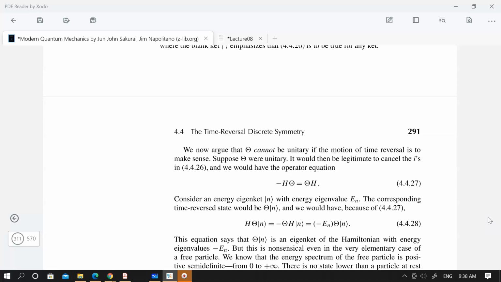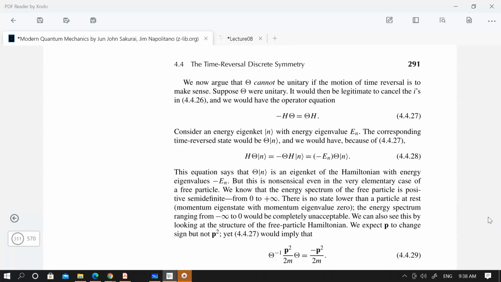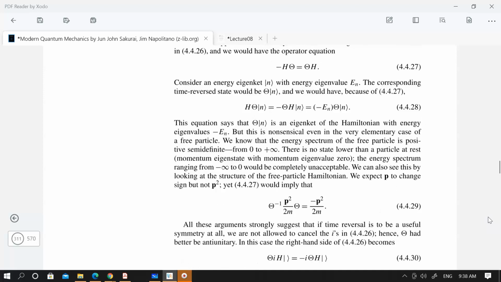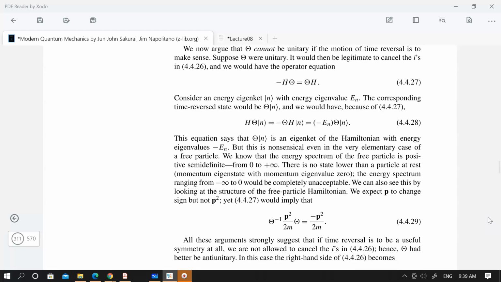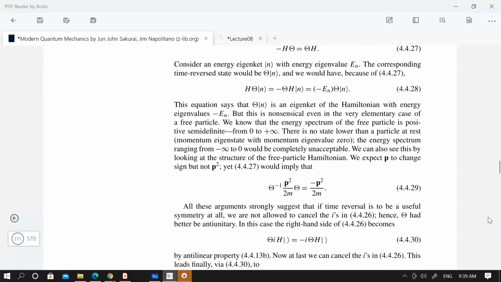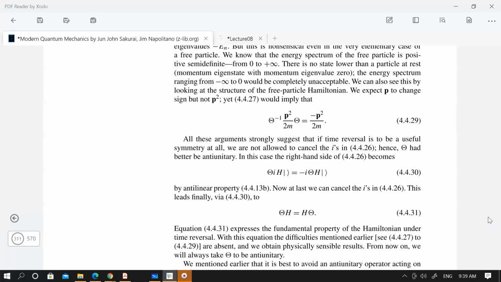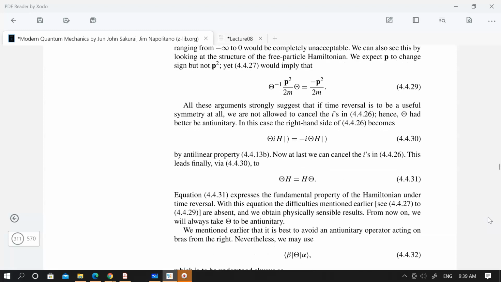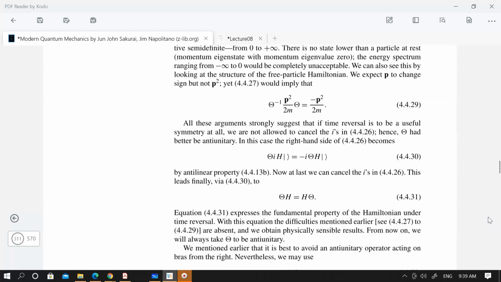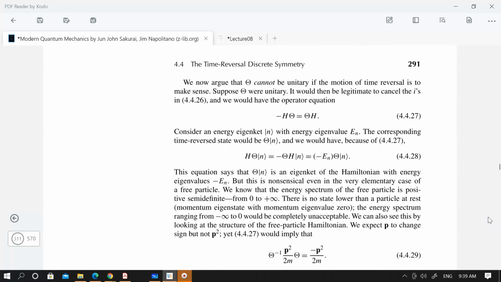Now, this is just the argument that your theta cannot be unitary, so I'm not going to go through that. Because you already know that theta has to be anti-unitary, let's assume that instead. So we cannot have, for example, this equation.